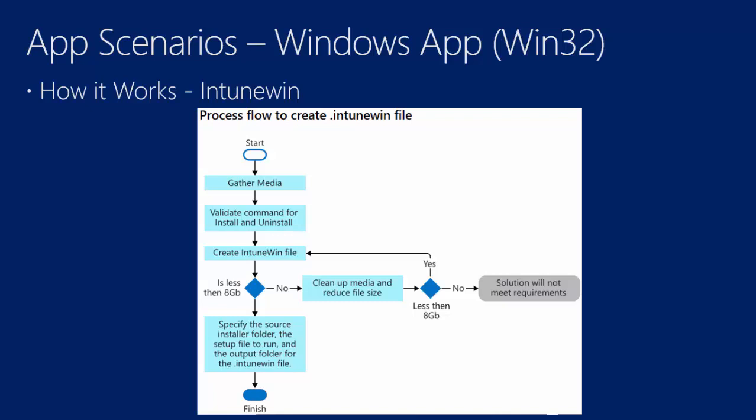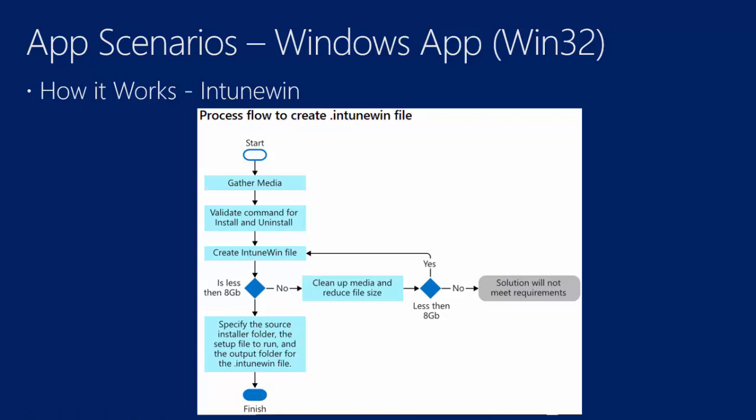Well, the same things that we talked about a second ago apply here. How does this work? You're going to gather the media, you're going to supply source directory information, and then you're going to end up generating the Intune Win. And then the very first question is, is that Intune Win less than 8 gig? If so, we're good to go. Just keep going, right? If not, then we have to work on something.